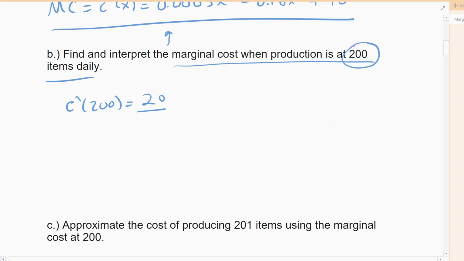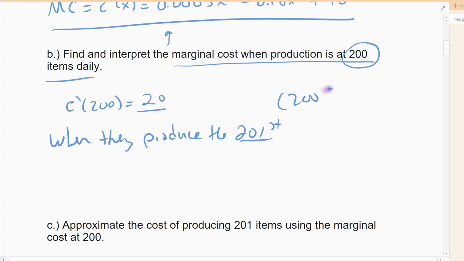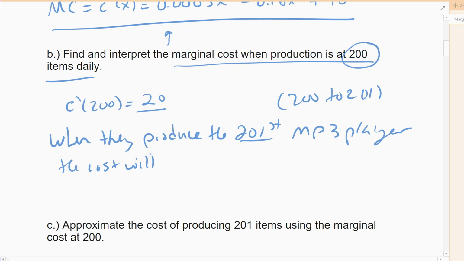They're currently producing 200, so this is telling me about the next item. When they produce the 201st MP3 player, going from 200 to 201, the additional cost, or the increase in cost, using some form of words where it's going up, right?